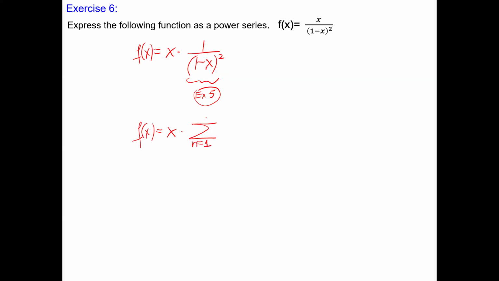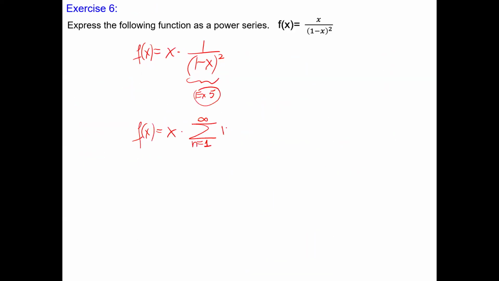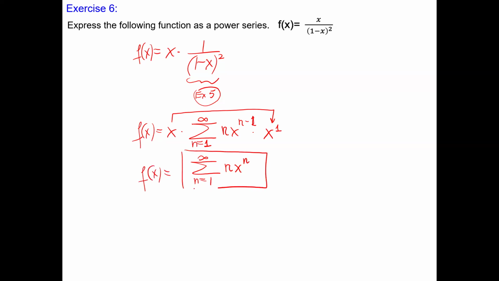Let's start from 1, because that was just the derivative, n x to the n minus 1. And when we move that x behind the sigma, we will have x to the n minus 1 plus 1, which is n. Okay, that means this function is this one.